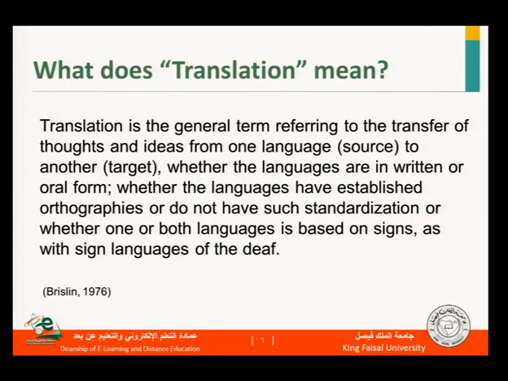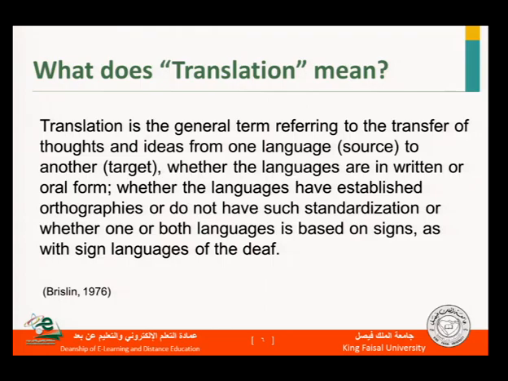Translation is the general term referring to the transfer, مرة ثانية, transfer, نقل, of thoughts and ideas, أفكار والفكر بشكل عام. Thoughts and ideas may be like meaning, transfer meaning from one language which is source language to another language which is target language.